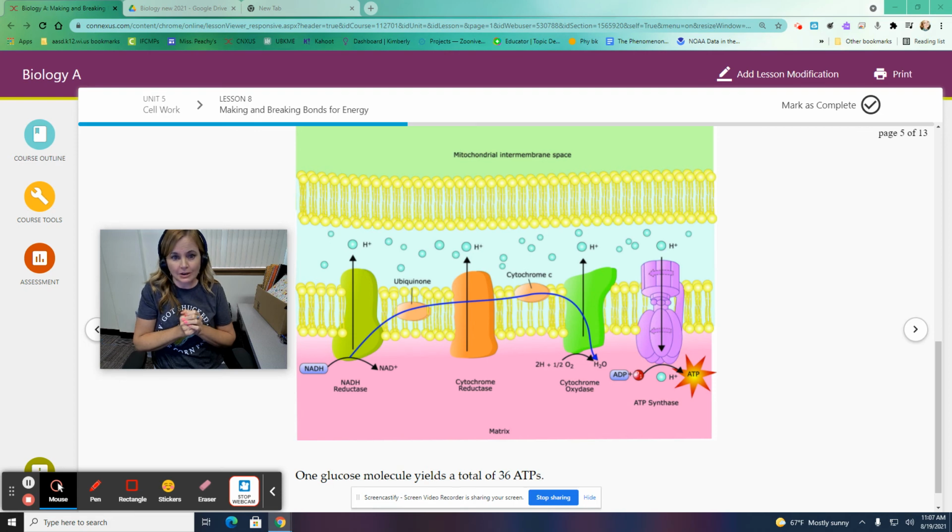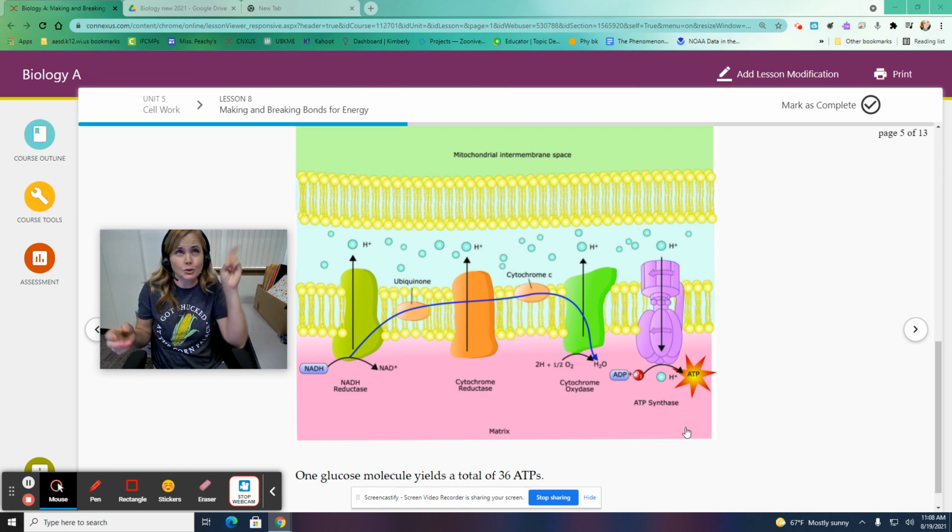Then those electron carriers go to the mitochondrial membrane, and they are shuttled. They pass those electrons from protein to protein, and it results in two different things. Basically, the energy from the electrons is used to make water, and some hydrogens are pushed across inside this space to create a gradient that is then used to make ATP.